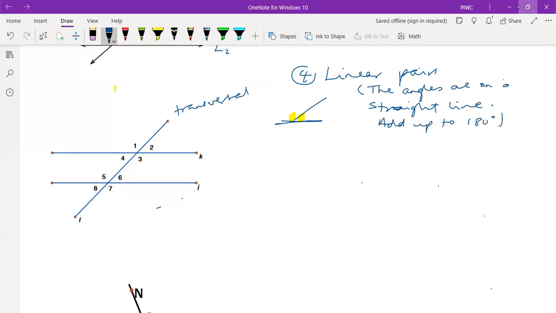So what are the linear pairs here? Angle 1 and angle 2, linear pairs. Angle 4 and 3, linear pairs. Another one, angle 5 and 6, linear pairs.